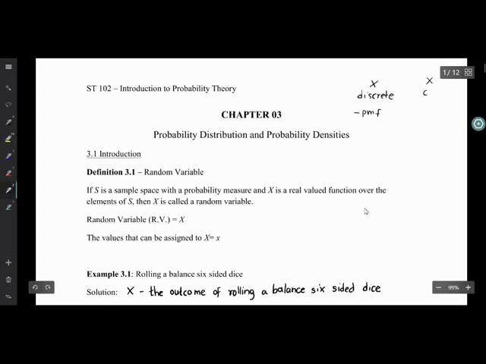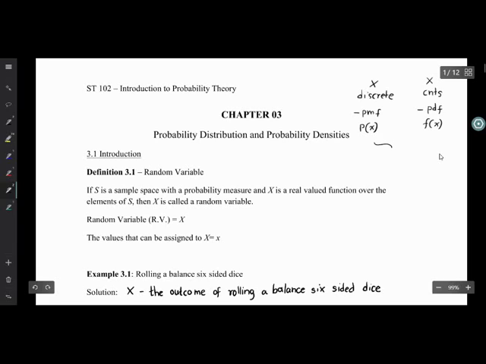When x is continuous, you have the corresponding function, we name it the PDF. PMF we denote as Px, PDF we denote as fx. These are just the notations and names. The same thing defined for discrete or continuous.